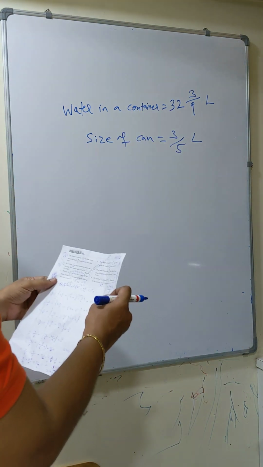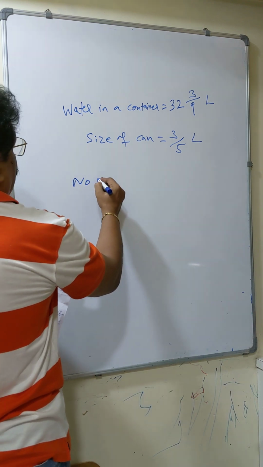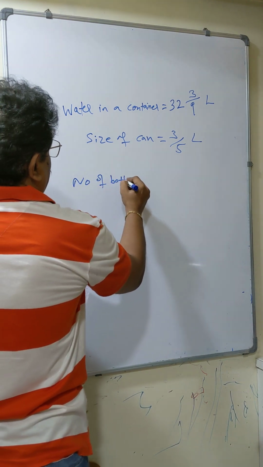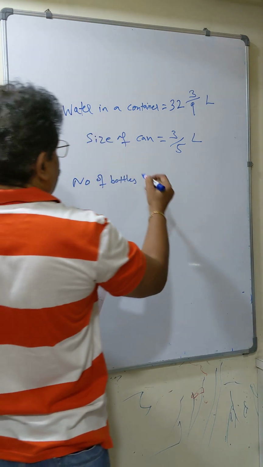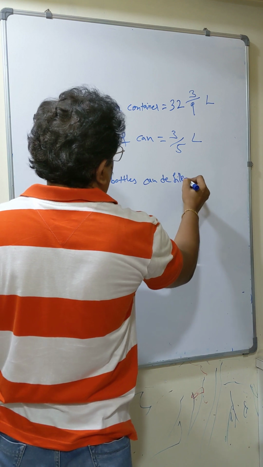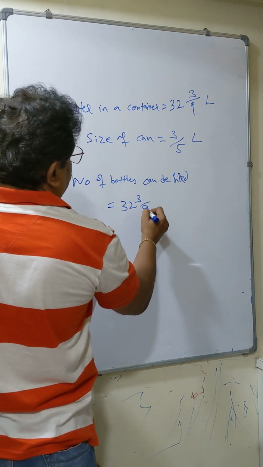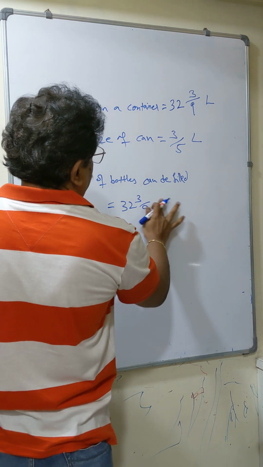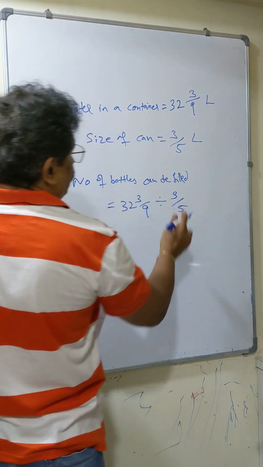So number of bottles that can be filled is equal to 32 3/9 divided by 3/5. Correct?